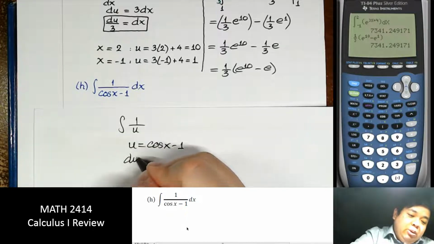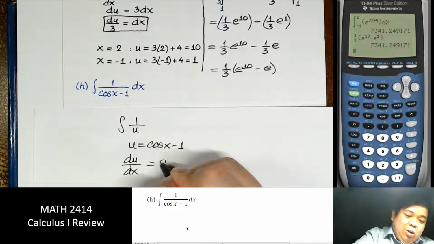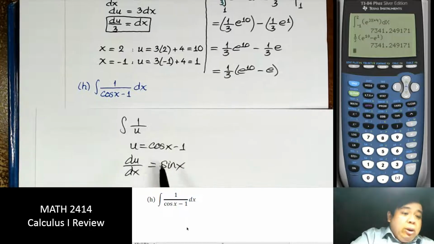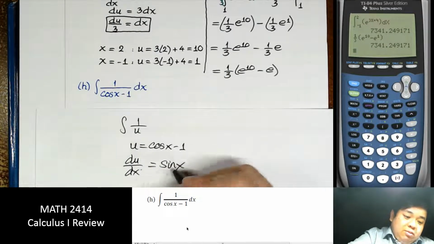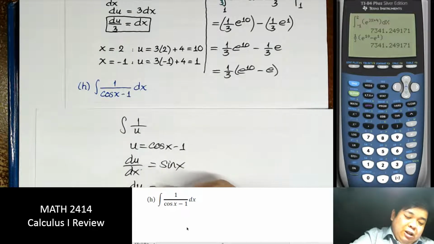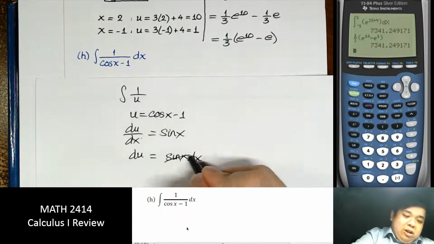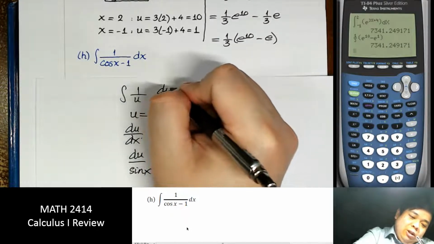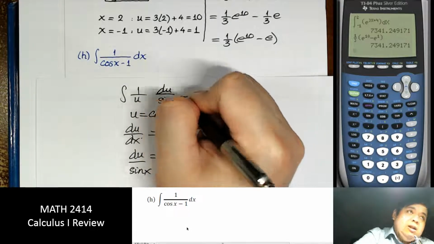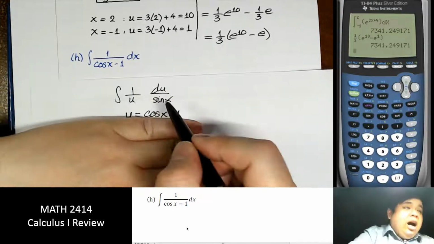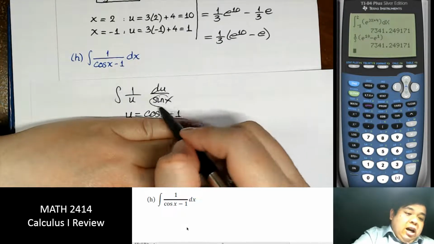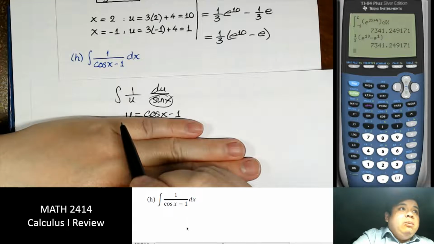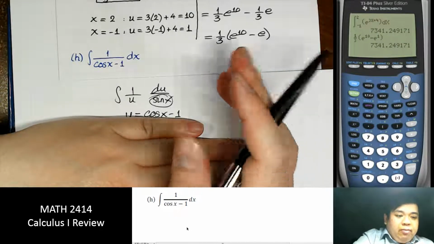We take du equal to sine x. So if we substitute in, just do that quickly. So this is du over sine x. So if we use substitution, we end up with this. The sine x here cannot simplify. So substitution will not work.